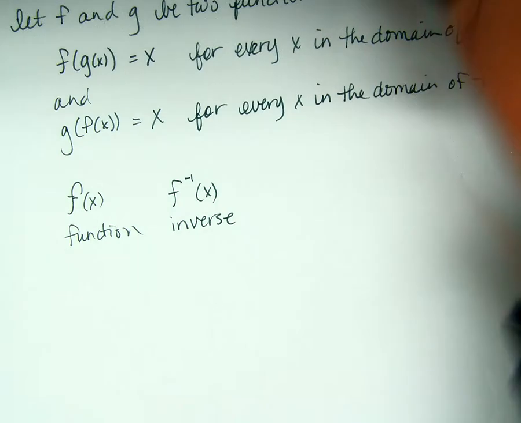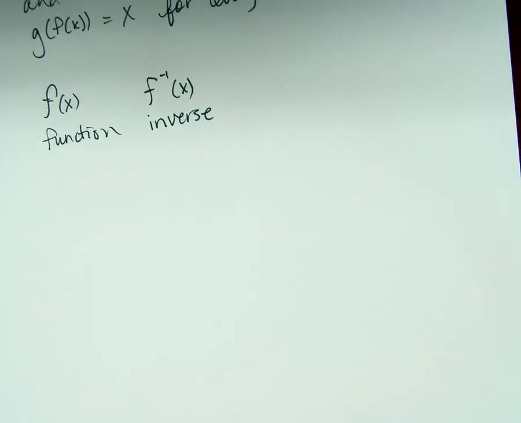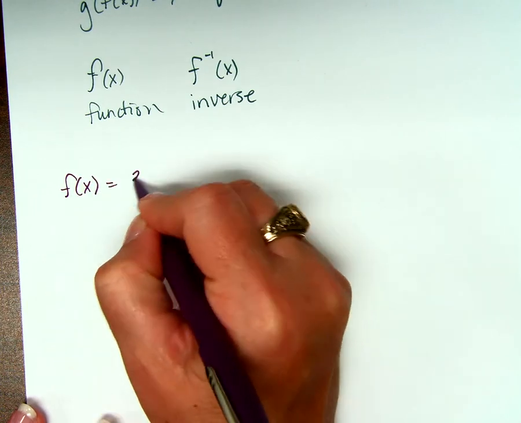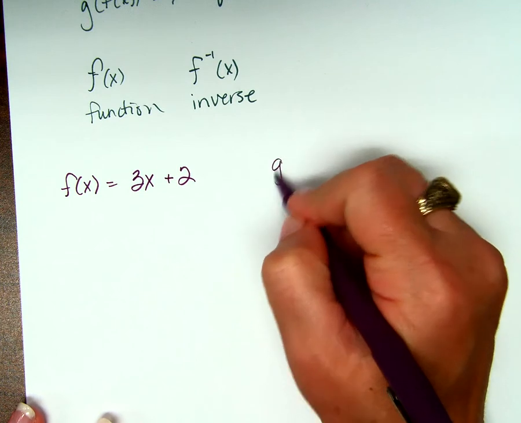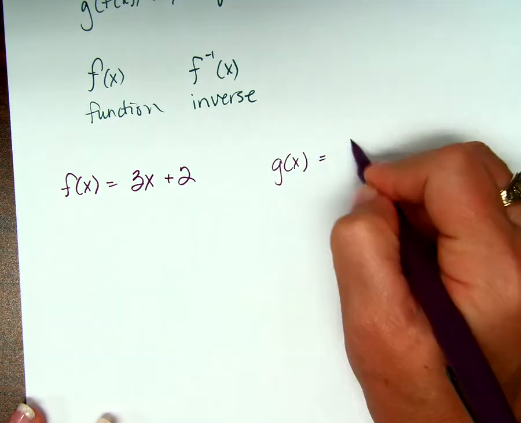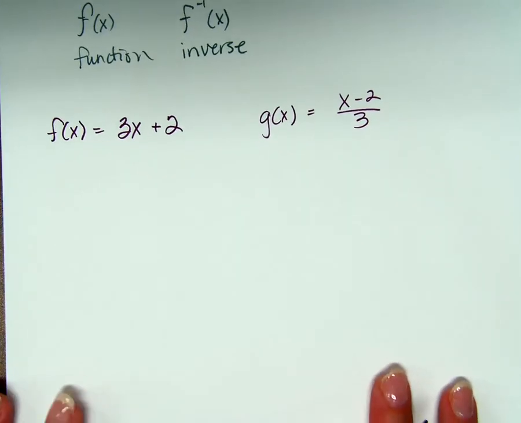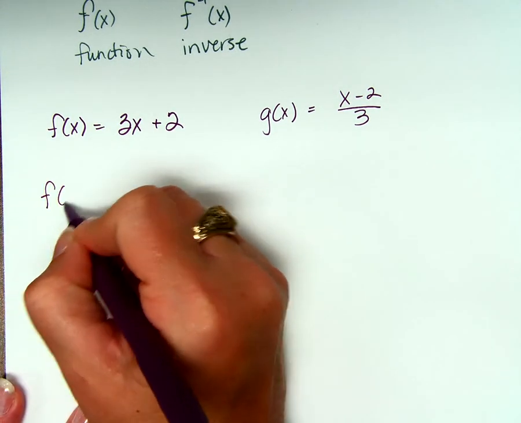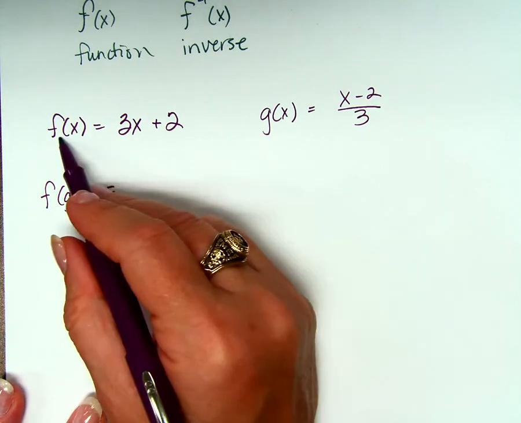So let's verify whether two functions are inverses or not, okay? We say f of x equals 3x plus 2, and g of x equals x minus 2 over 3. So to verify they're inverses, we're going to do f of g and g of f. Okay? F of g of x, we start writing f.